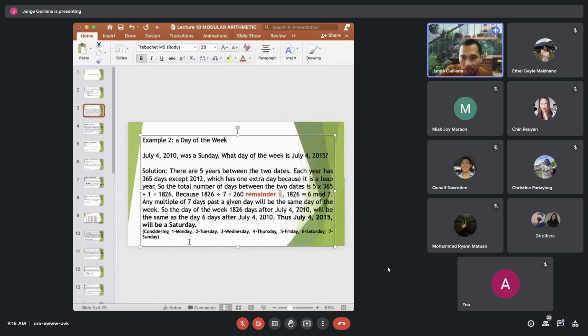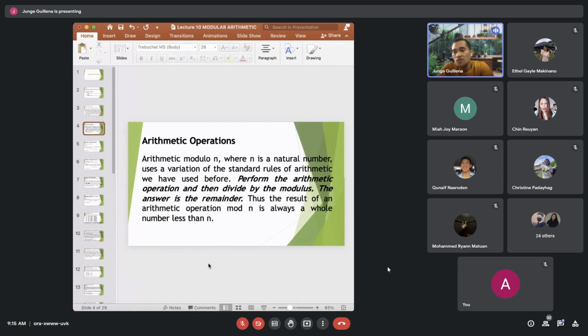If we have this numbering, that 1 would be Monday, 2 would be Tuesday, 3 would be Wednesday, 4 would be Thursday, 5 would be Friday, 6 would be Saturday, and 7 would be Sunday. So in that case, the day of the week that July 4, 2015 falls on will be Saturday.